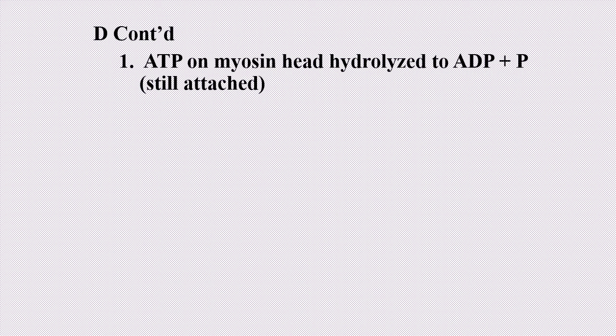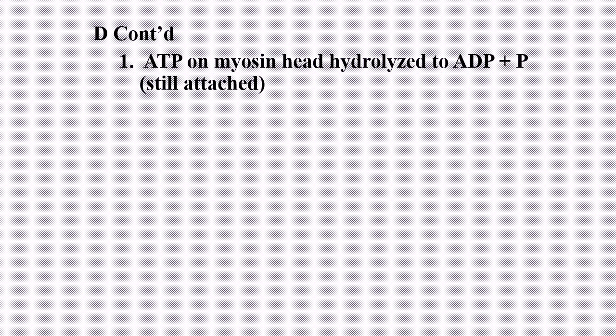So remember, there's energy contained in the covalent bond between the second and third phosphates in the ATP molecule. So when we hydrolyze it and we break that bond, we release that energy. Law of conservation of energy, energy went into hooking that third phosphate on, and it was stored in the bond. When we break it off, we release that energy back out.